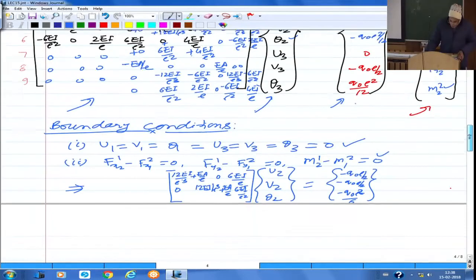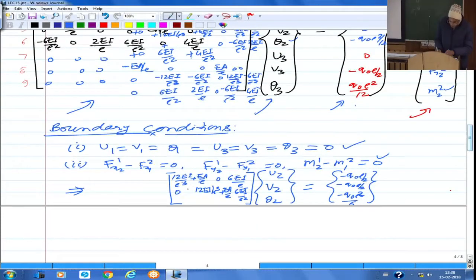And the last row is now your 6th row, which is 6 EI by L square here, and then again 6 EI by L square, and this is 4 EI by L, not L square, so please make that correction. So the last one here becomes 8 EI by L.